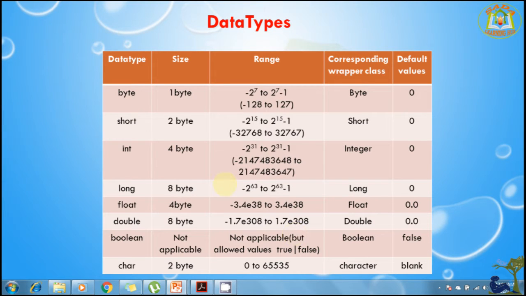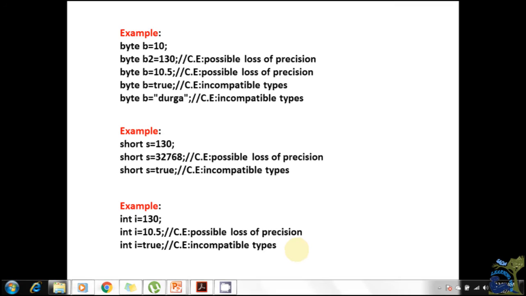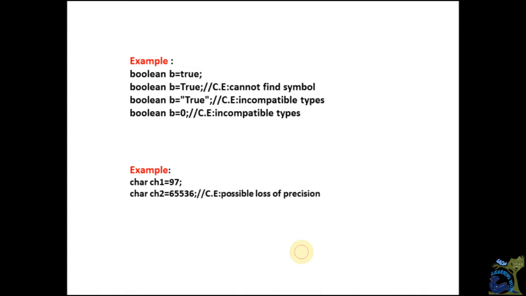I can show you some examples. Boolean b is equal to true is valid, because Boolean accepts only true and false.